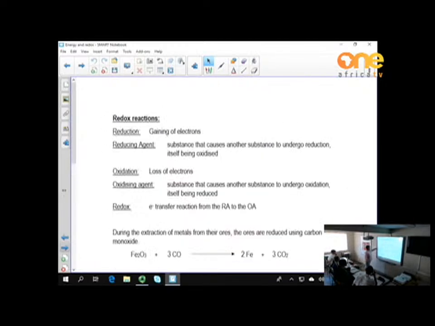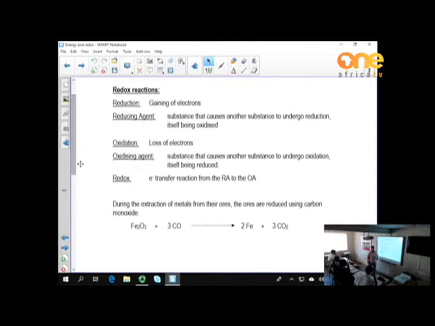And a reduction oxidation reaction is called a redox reaction. The RED for reduction and the OX for oxidation. Now what does it mean?